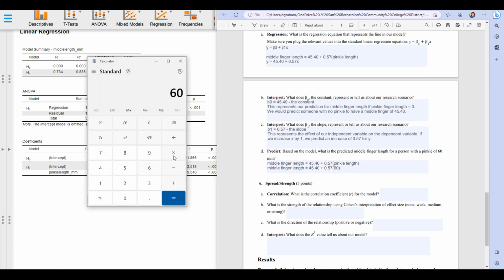So 60 times 0.57 gives us this part, 34.2, plus our constant, 45.4 equals 79.6. So we would predict middle length equals 79.6 millimeters.